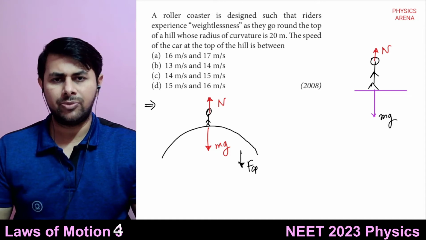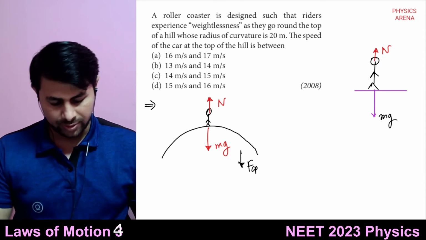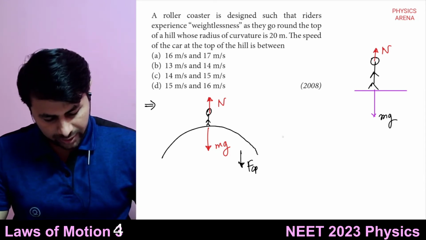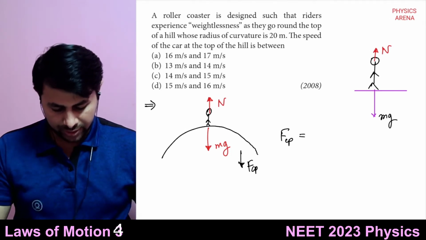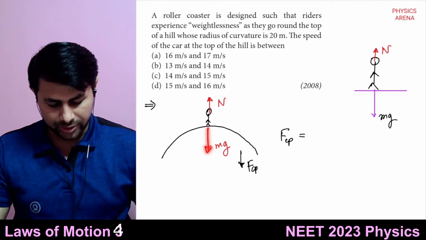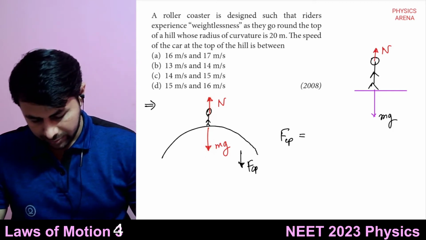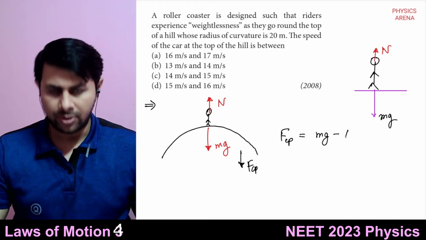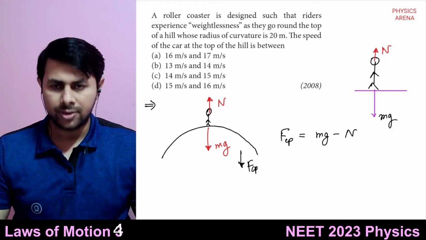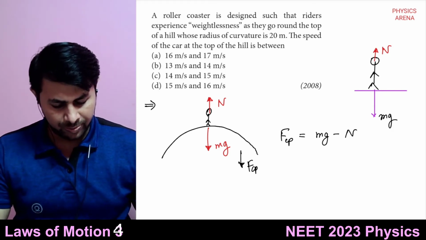So what provides the centripetal force? It's very easy. Here, FCP is downwards, so it is net downward force minus net upward force. So it is mg minus the normal reaction.